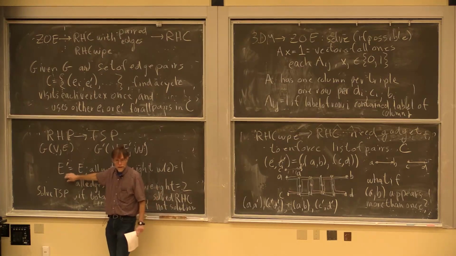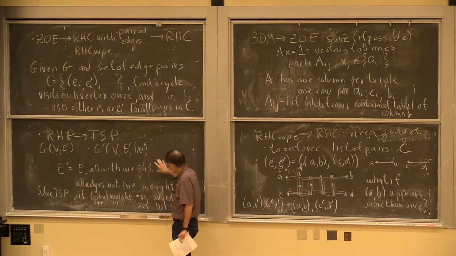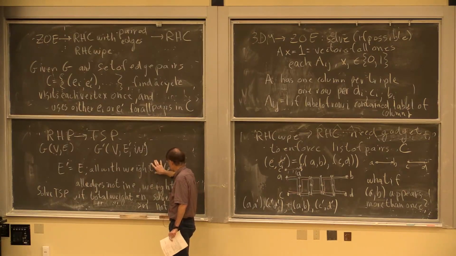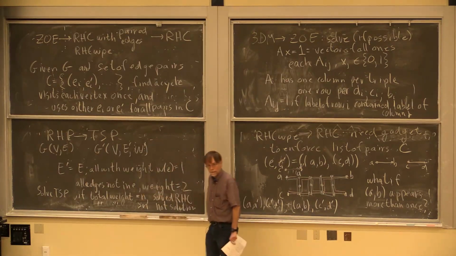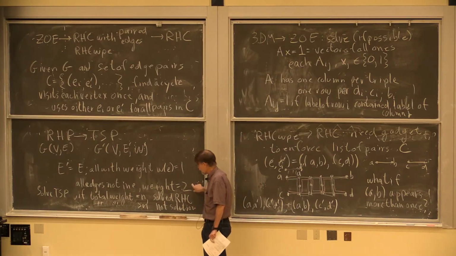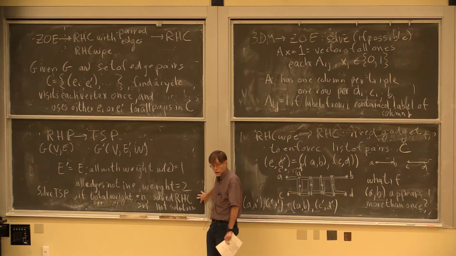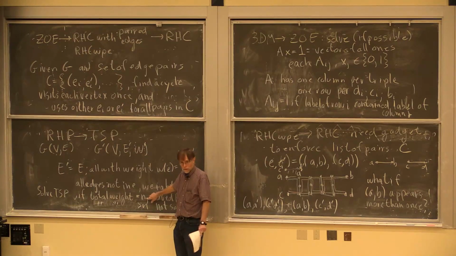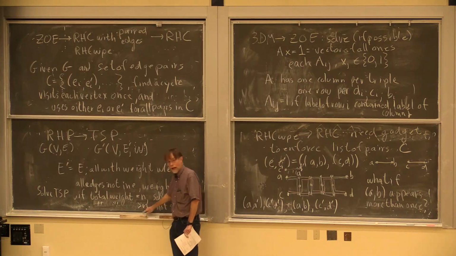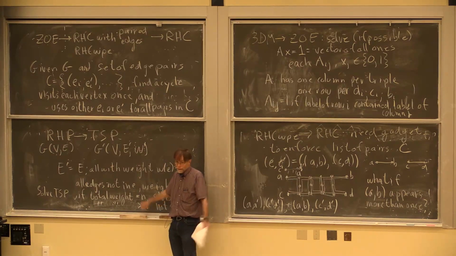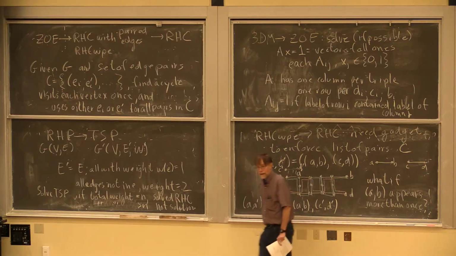And I'm only distinguishing the edges by the original ones had weight 1 and the new ones have weight 2. In order to distinguish whether the shortest path only uses the original edges, and then I'm adding up 1 plus 1 plus 1 n times, or I have to use one of those new edges to solve the problem, in which case it's bigger. So that's the distinction.